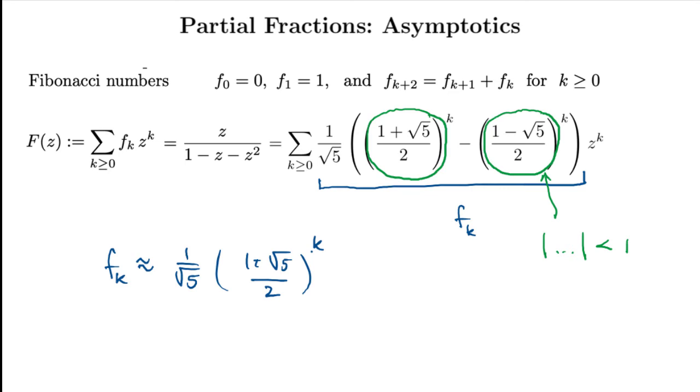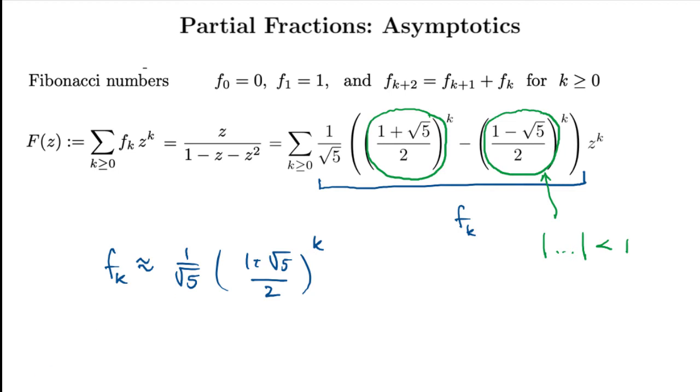If you take a computer algebra system and plug in this number, after the first few k's you will see numbers that are very, very close to an integer, and that integer will be the kth Fibonacci number. So this is an application of partial fractions that gives you not only a closed formula, but a very useful closed formula where you can say something about asymptotics.